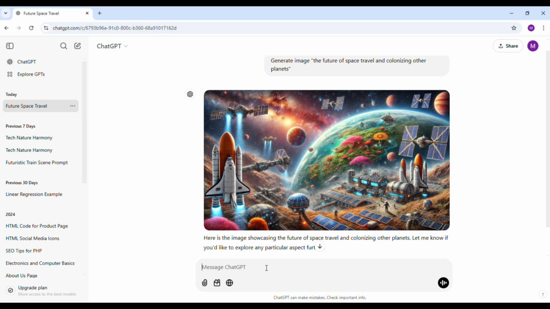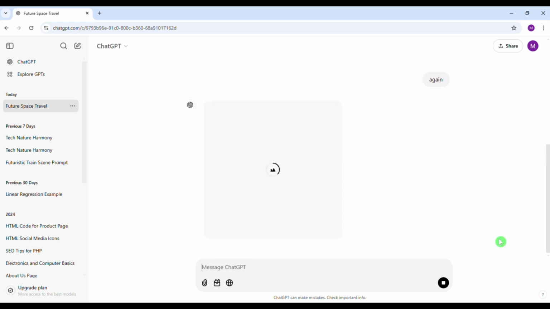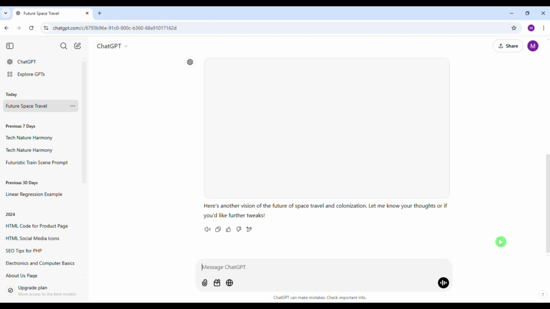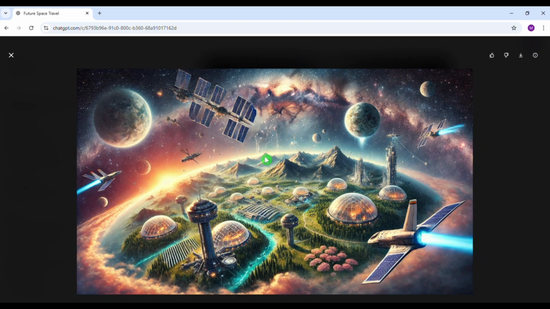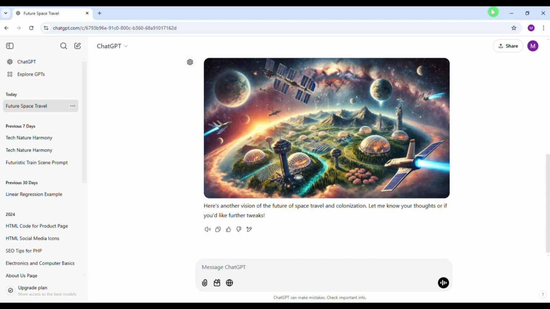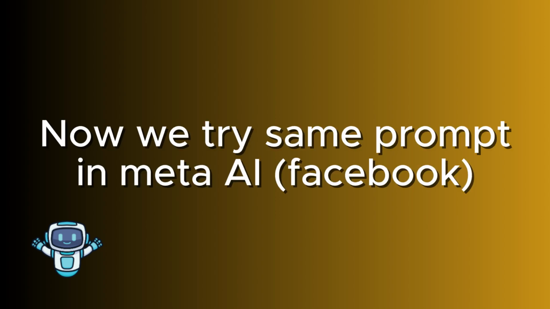I enter the same prompt again. Now we try the same prompt in Meta AI, Facebook.